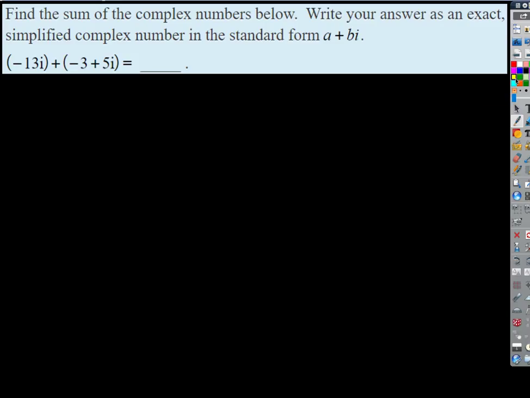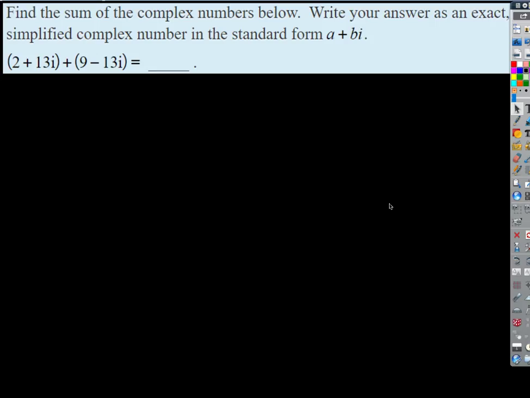So what's the sum of the real parts this time? Negative 3. There's only one real part, isn't there? Okay, what about the imaginary parts? Okay, negative 13 plus 5 is negative 8. Oh, that really hurts.